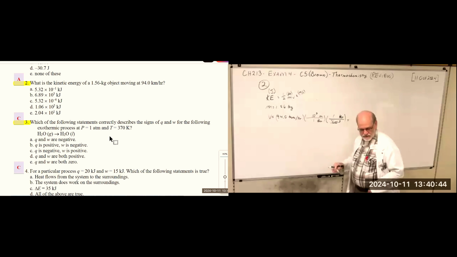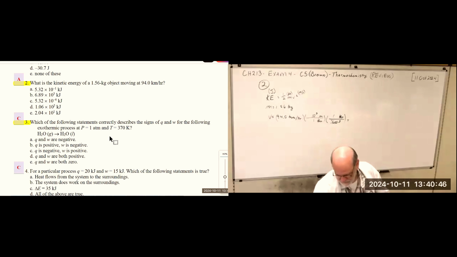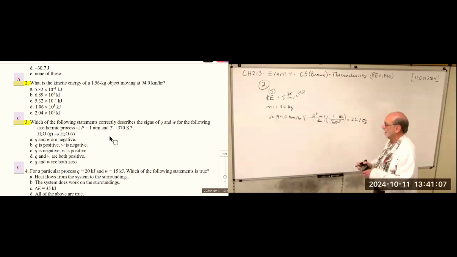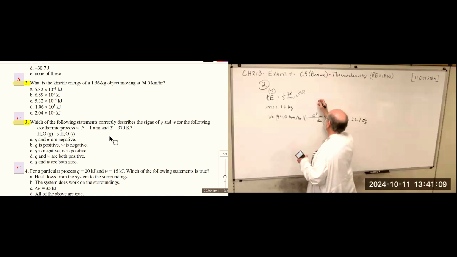There we go. So that should give us the velocity in SI units. 94 times 1,000 divided by 3,600 should be 26.1 meters per second. Now we can plug them into the formula.